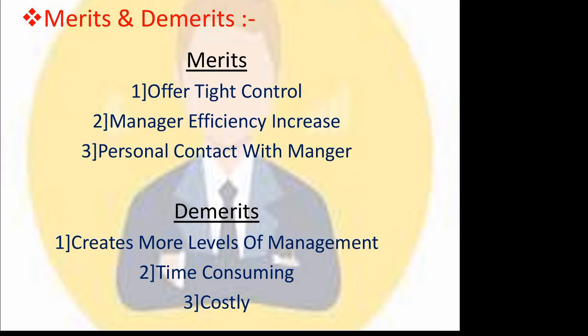Then personal contacts with the manager. Here there is a spelling mistake. After manager, an N should be there. Sorry for the spelling mistake. So personal contacts with the manager: each and every supervisor or subordinate will have direct contact with him, as there are only a few subordinates under one manager.